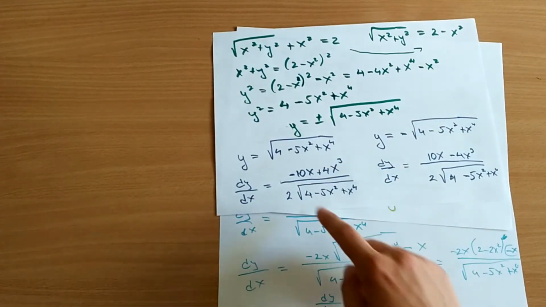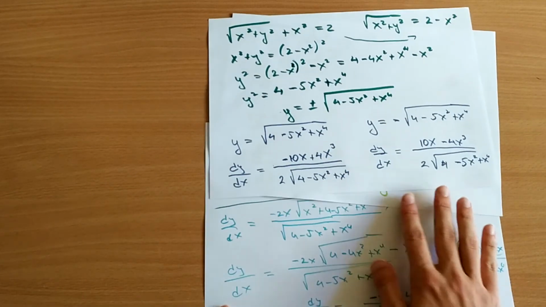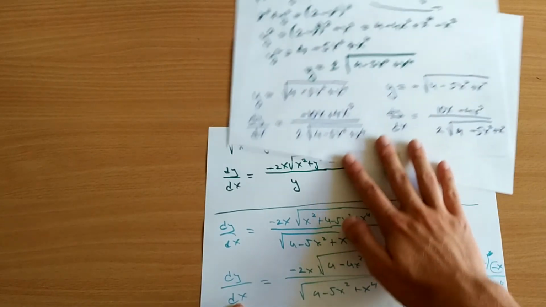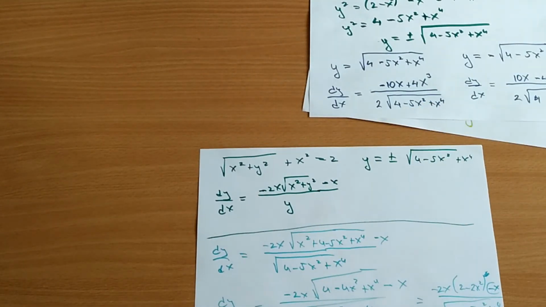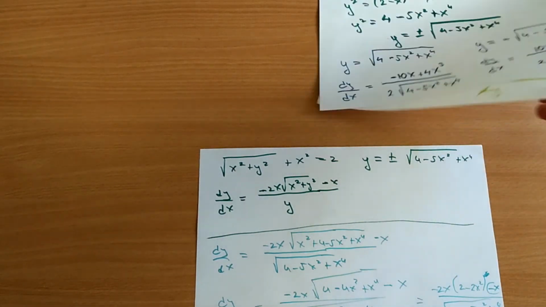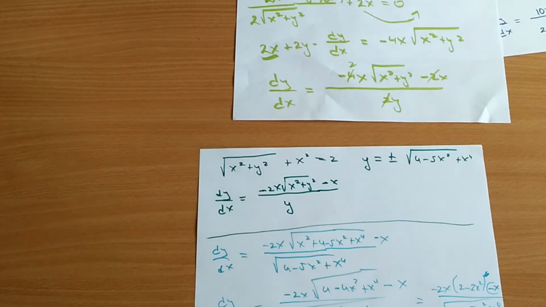Only here, if we divide the numerator by 2, we will get the same equation as here. That is, if we replace y in the equation that we got through implicit differentiation with the positive square root.